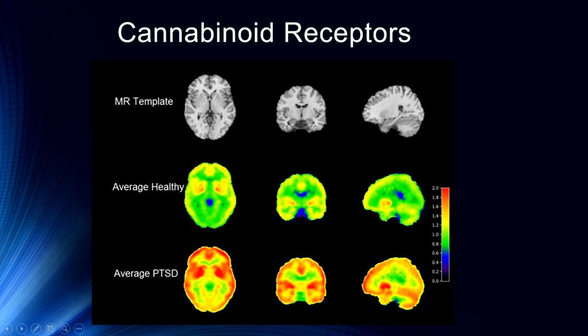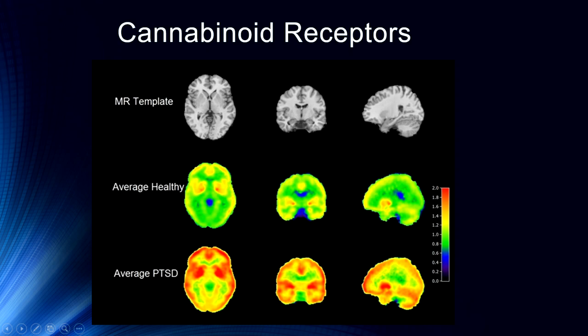And so in the middle line here, we have the average healthy brain and density of cannabinoid receptors. And then we have the average PTSD sufferer, somebody suffering from PTSD, and their average brain, and the density of cannabinoid receptors. And what you can see is there is a significant increase in the density of cannabinoid receptors in the PTSD patients compared to the healthy patients.